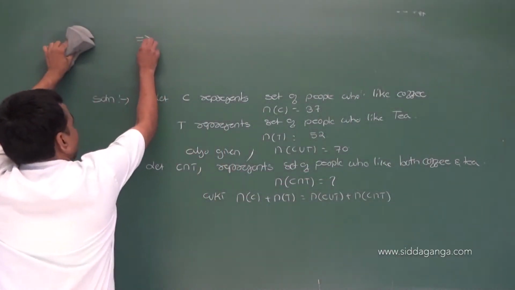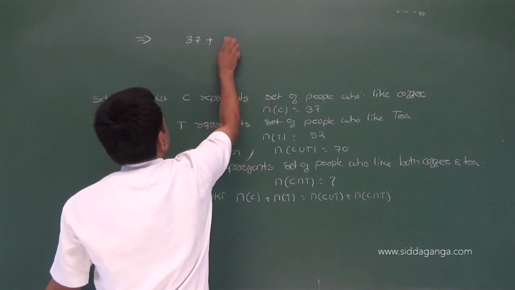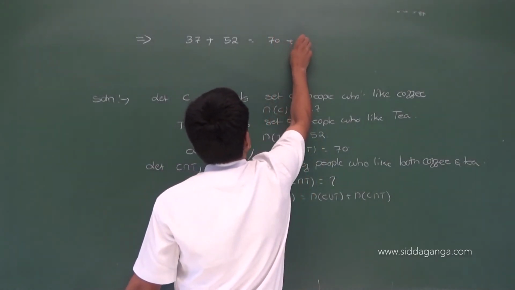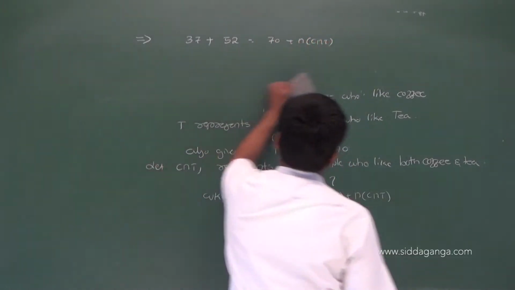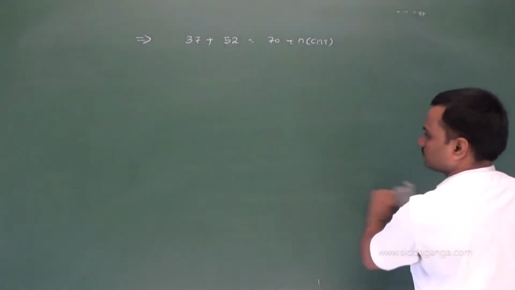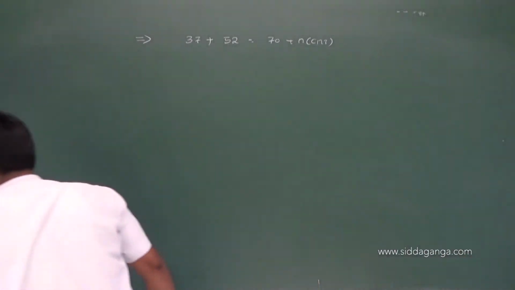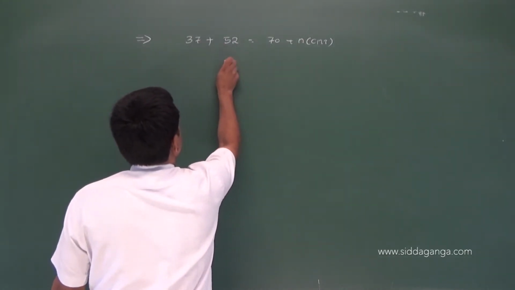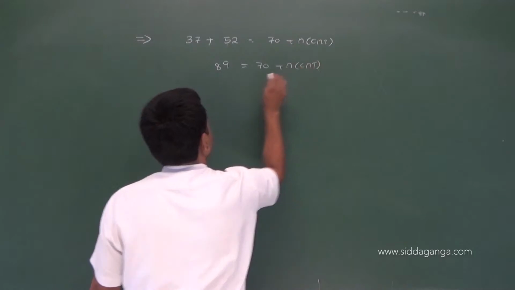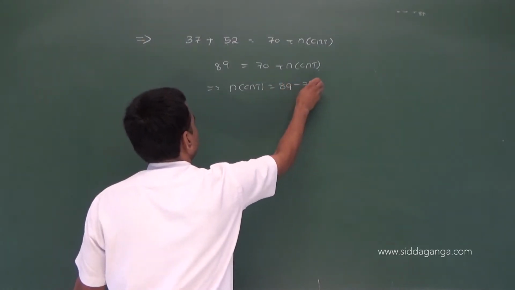That implies n of C, 37, plus n of T, 52, equals n of C union T, 70, plus n of C intersection T. So 37 plus 52 is 89, equals 70 plus n of C intersection T. That implies n of C intersection T is 89 minus 70.